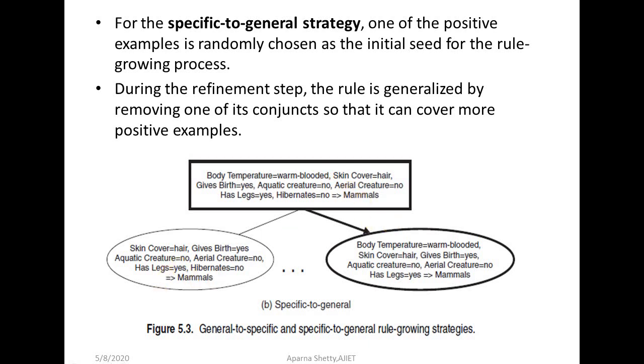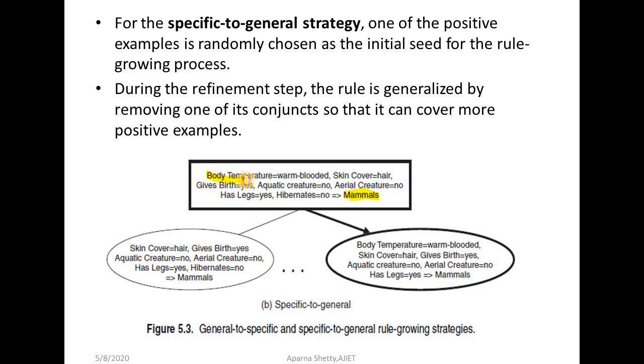See here, suppose we have this class label as mammals. From the given data set, you will take any one record that is classified as mammals. So you have that data set, the table. From that data set you will take one record randomly that is classified as mammals, and you will add all the attribute value pairs of that record.